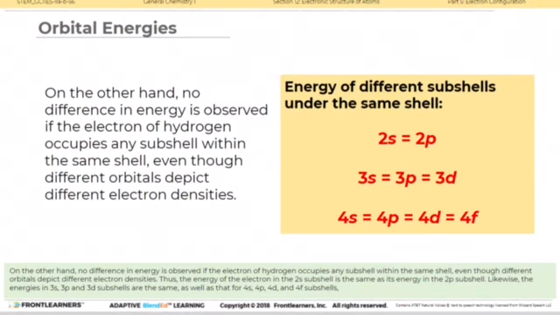On the other hand, no difference in energy is observed if the electron of hydrogen occupies any subshell within the same shell, even though different orbitals depict different electron densities. Thus, the energy of the electron in the 2s subshell is the same as its energy in the 2p subshell. Likewise, the energies in 3s, 3p, and 3d subshells are the same, as well as for the 4s, 4p, 4d, and 4f subshells.